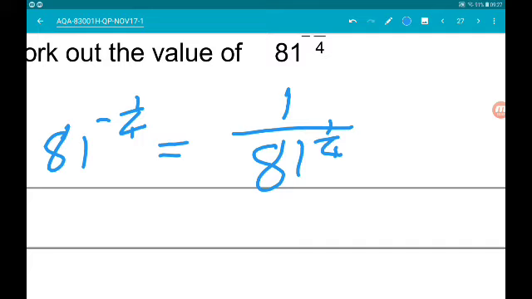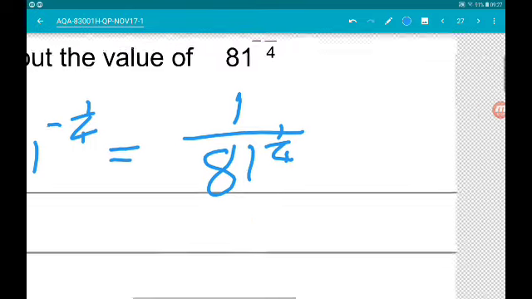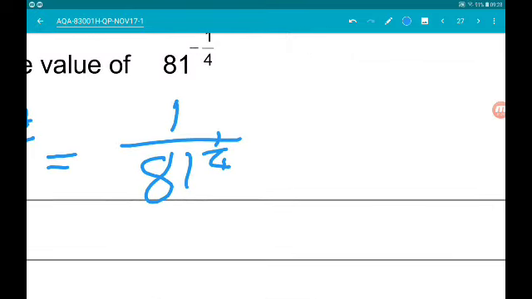So we're thinking, what number to the power of 4 gives us 81? So 1 times 1 times 1 times 1 is 1. 2 times 2 times 2 times 2 is 16. 3 times 3 is 9, times 3 is 27, times 3 is 81. So the 4th root of 81 is 3.